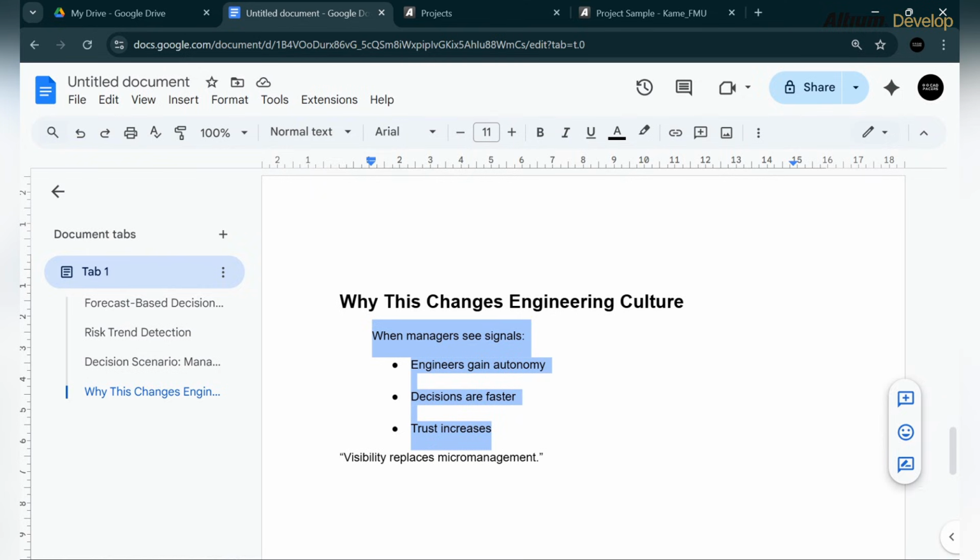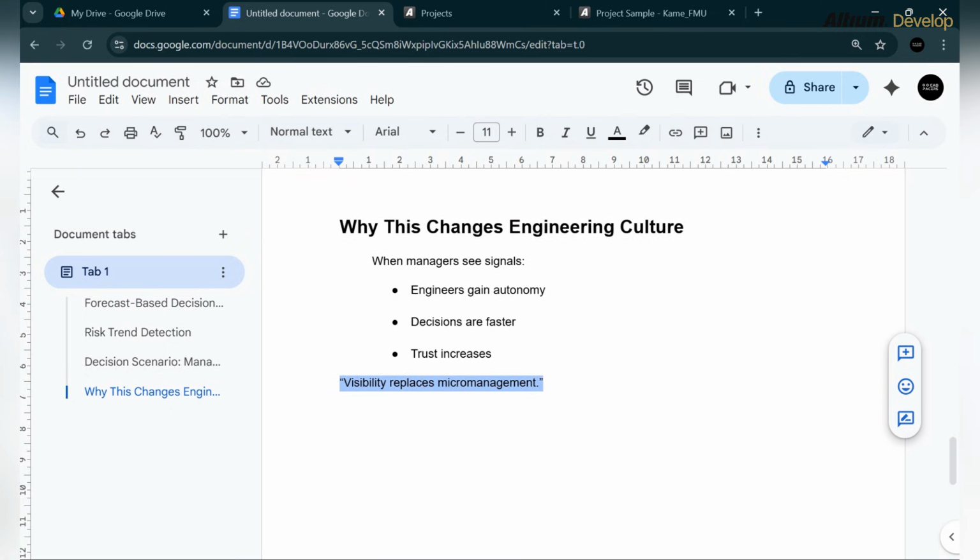So the manager's trend seeing is useful for the designers as well. The decisions are faster and trust increases. Visibility replaces micromanagement, so it's the best way to replace micromanagement.